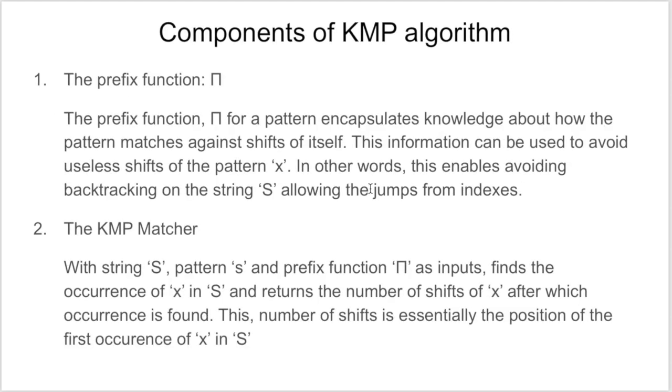KMP has two parts: one is the prefix function, and the other is the KMP matcher. The prefix function builds a prefix table, and the KMP matcher uses that table for the pattern to find the pattern. Before going into the details of this, we need to understand a few terminologies here.